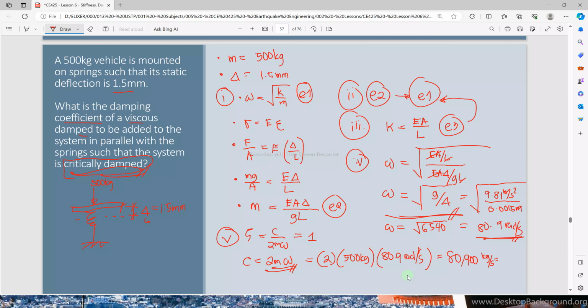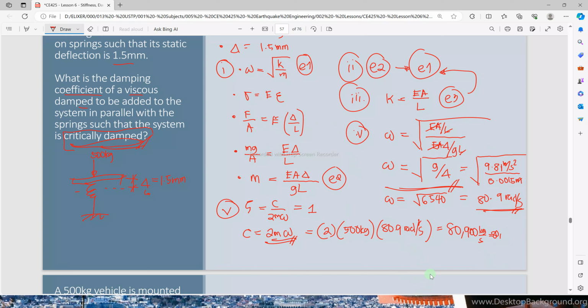Again, kilograms per second is just equal to 80,900 Newton seconds per meter. So this is the critically damped C.